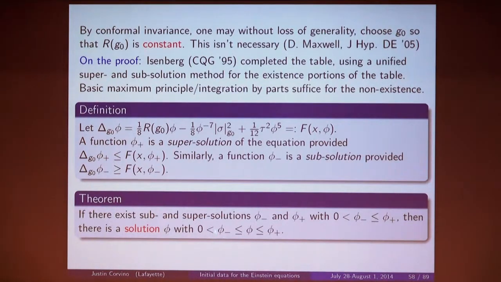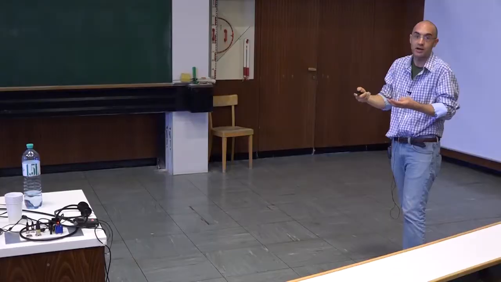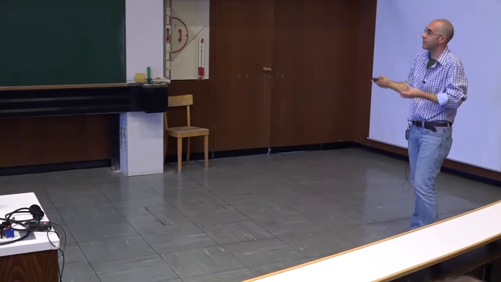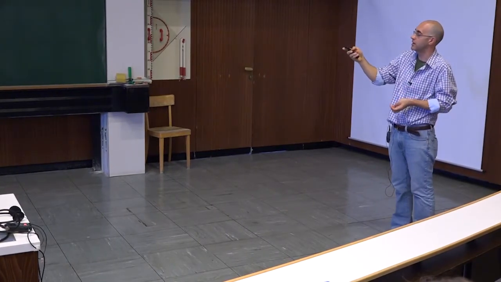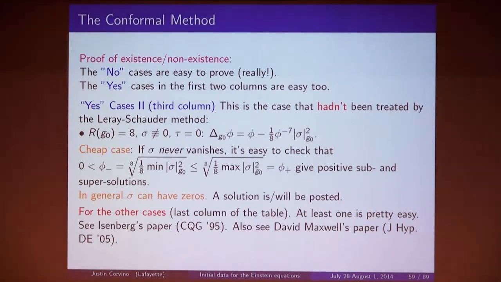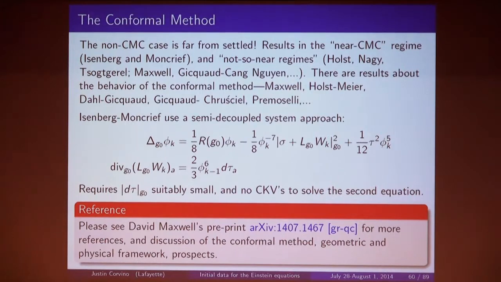And having this lower bound be positive, that's important, will tell you your conformal factor in the end is positive. Okay, so there are various cases proved before, and then Isenberg got them all by super and sub solutions. Okay, so I'm not going to say anything more about that.